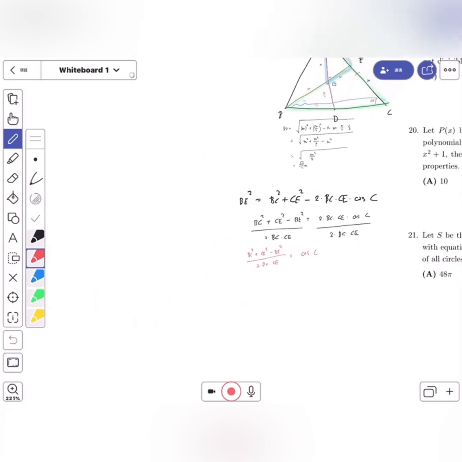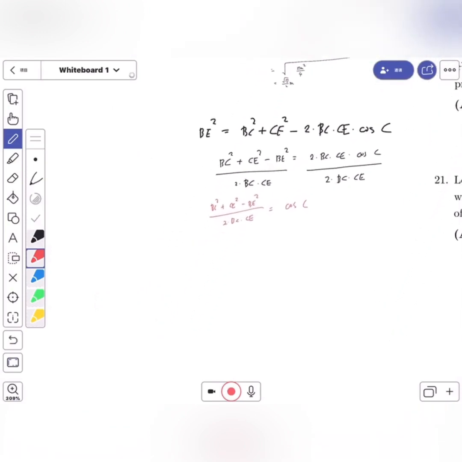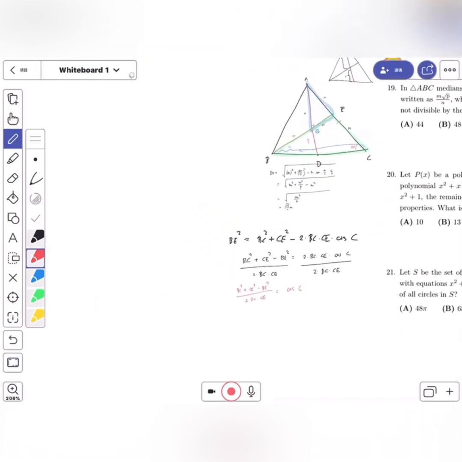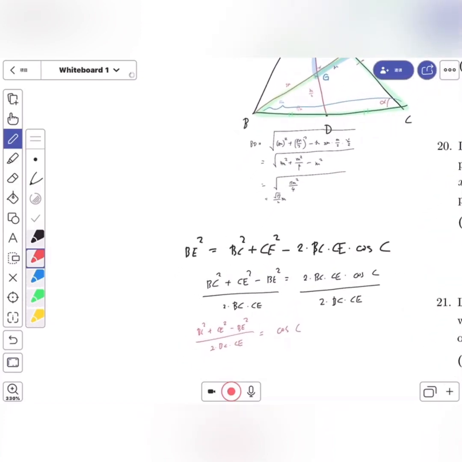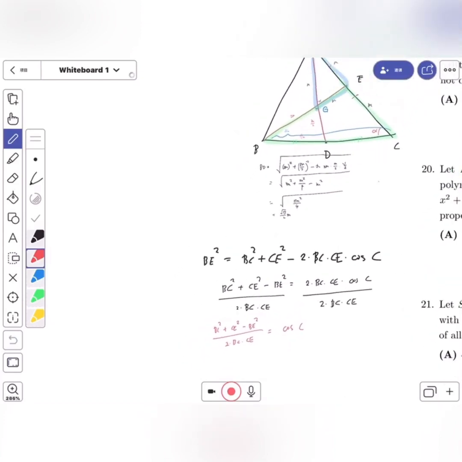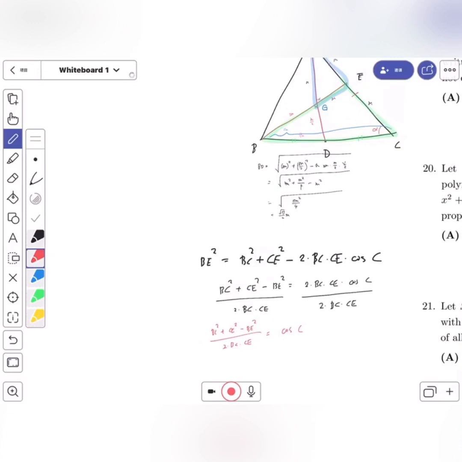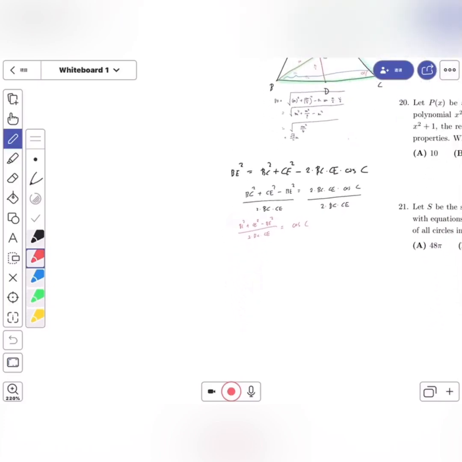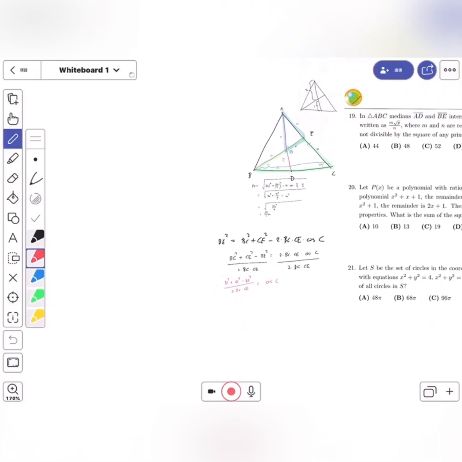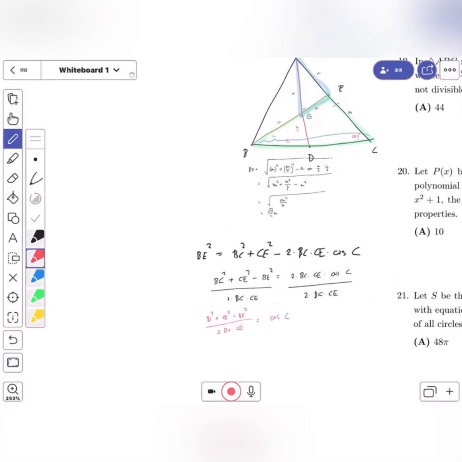Alright, now we have this, we just plug in values. BC is root 13, CE is equal to 1, and BE is equal to 3. This is because we simply scale it down by m, since the cosine value wouldn't change for similar triangles.